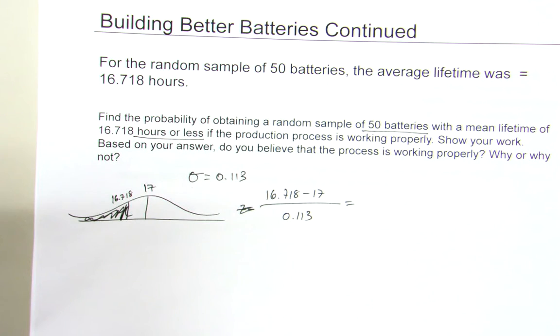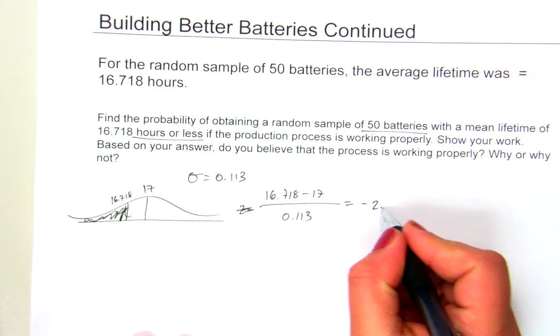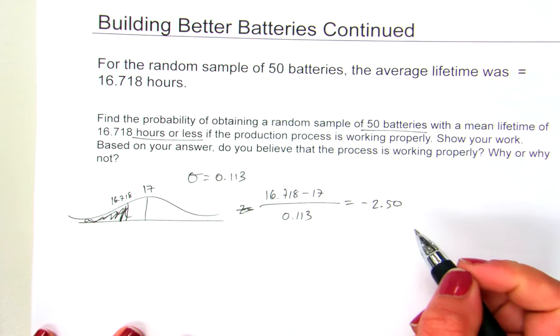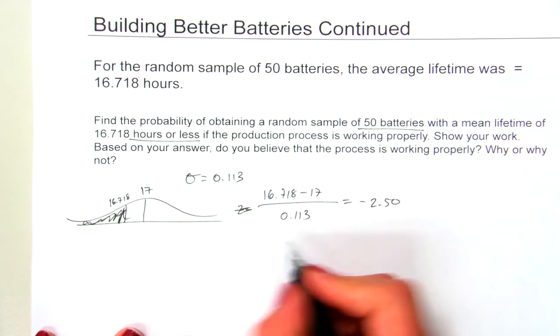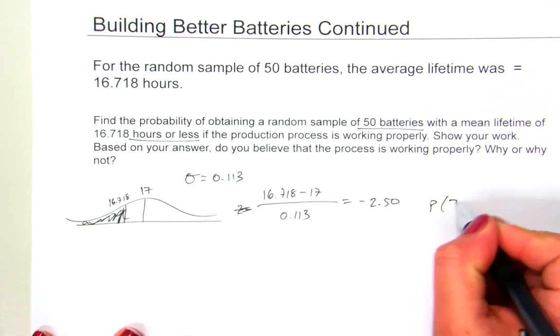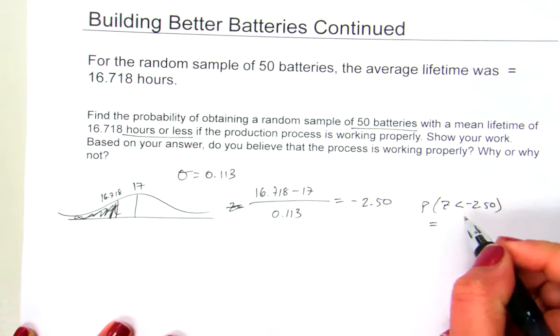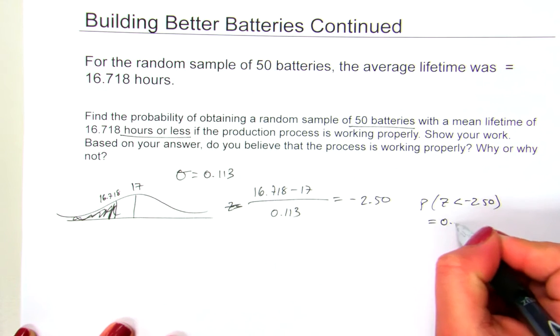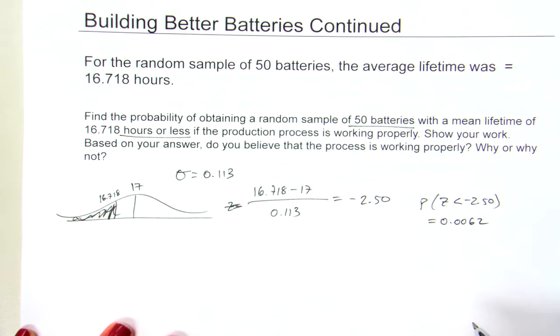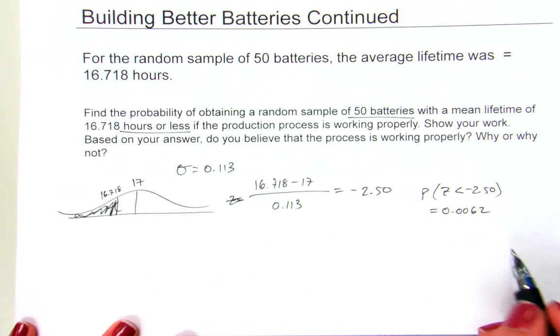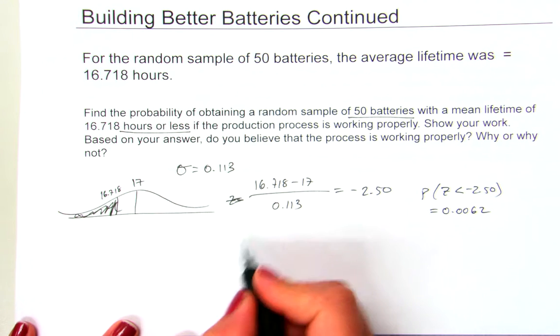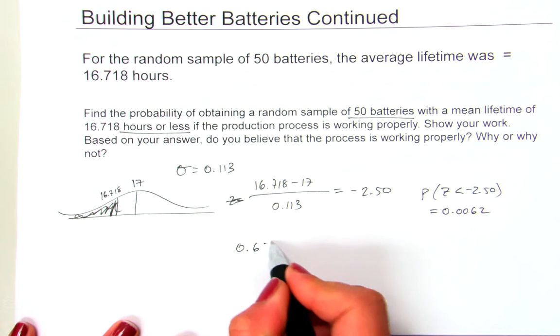What is this, slide number 16? Slide number 16. Okay, so we get negative 2.50, and then this one we don't have to subtract from 1. So the probability of getting a z-score less than negative 2.50 should be equal to 0.0062. So basically, what is that, 0.6%? 0.6% chance.